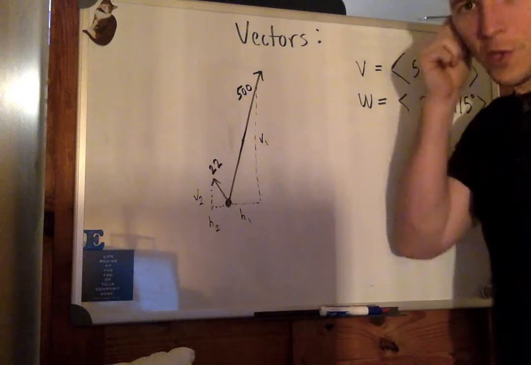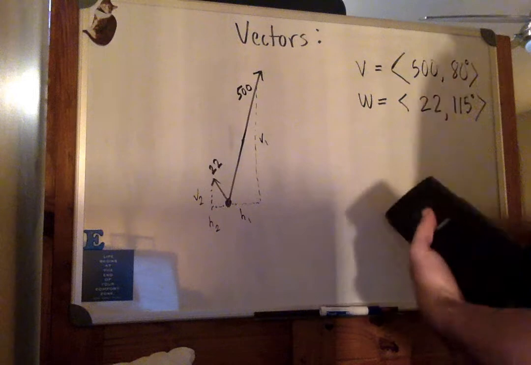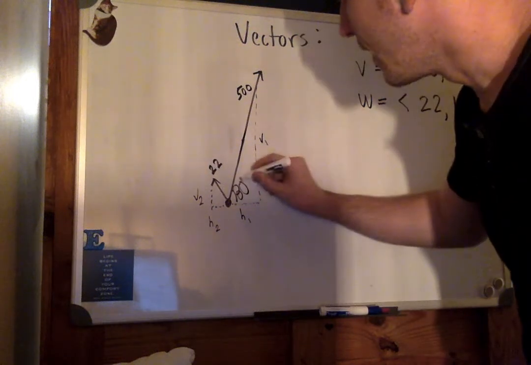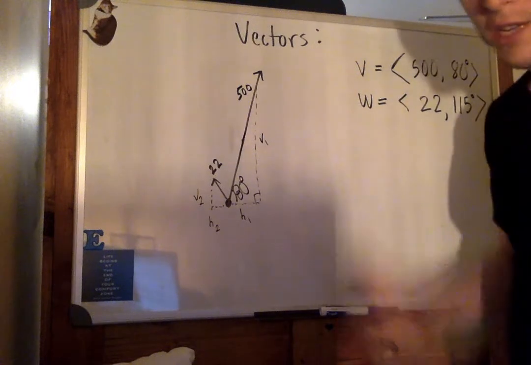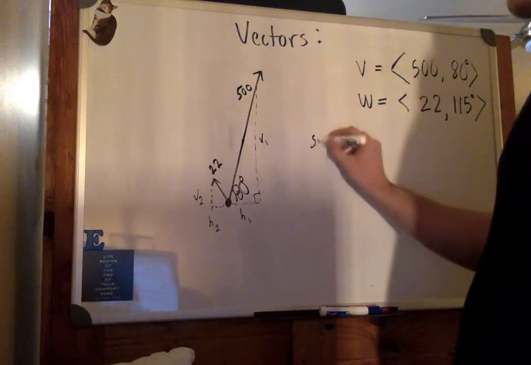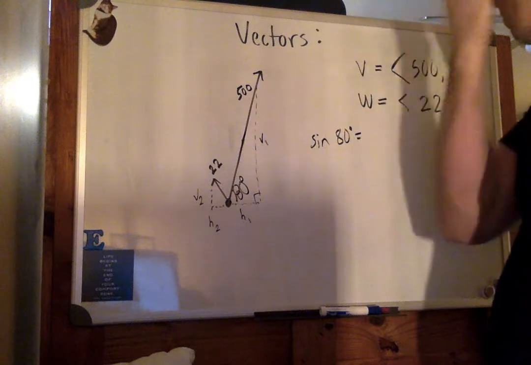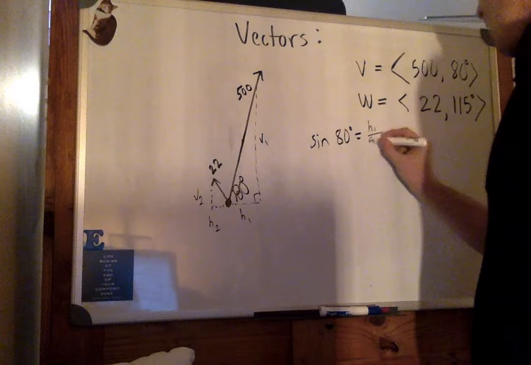Okay, so you've already seen this many times, a lot of you, but the idea here is you see a triangle. So if this is 80 degrees right here, then this becomes a right triangle that we can use trig on to find these missing sides. The sine of 80 degrees would be equal to opposite over hypotenuse, which in this case would be H1 over 500.